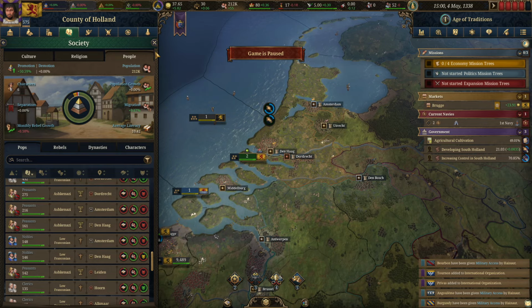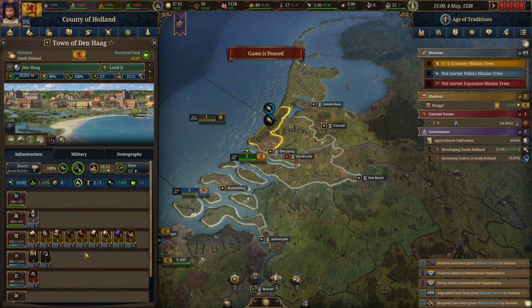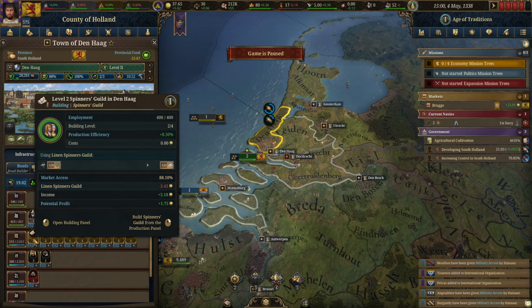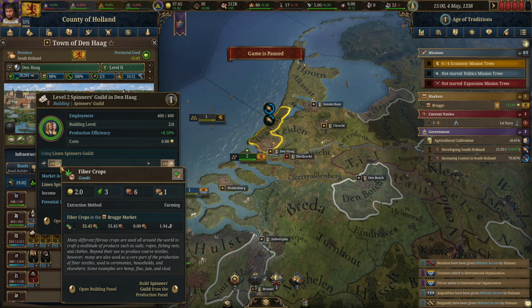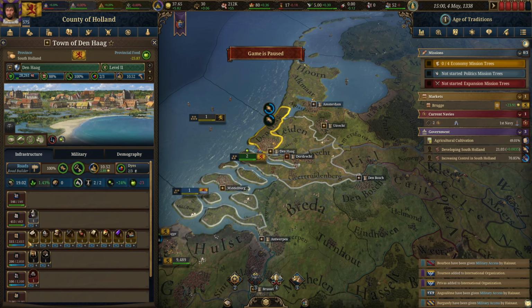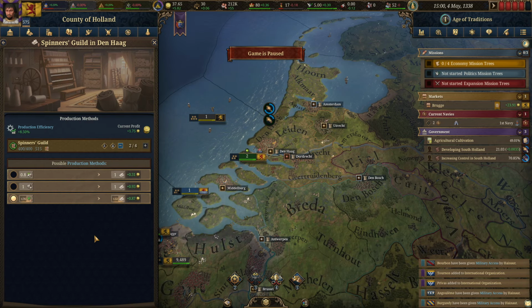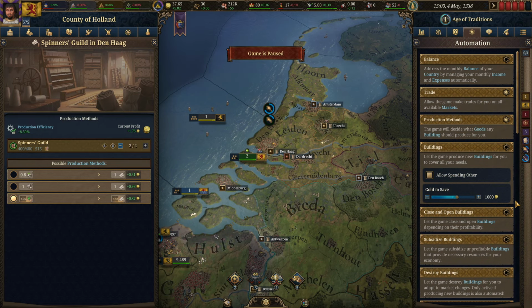This is one draw of items, and the other draw of items are all the industries that convert one thing into another. Spinners Guild takes fiber crops and converts it into cloth. If you left-click these buildings, by the way, you often have different production methods at hand. The default setting of the game is that you have all the production methods automated.